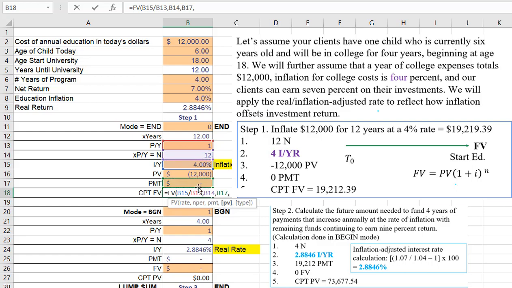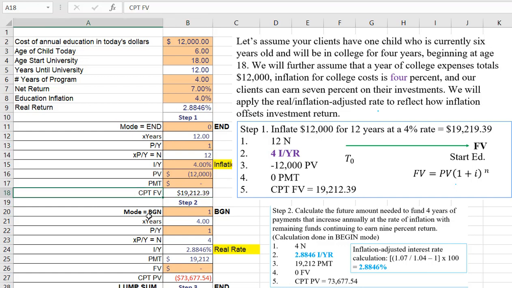I'm hitting comma again. It's asking for my present value. And now it's asking for my type, 0 at the end of the period, 1 at the beginning. So you can see here I've got 0 for the end of the period. And I click my bracket to finish it. Click enter. 19,212.39.